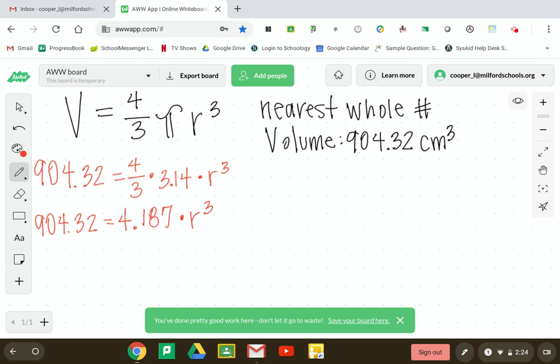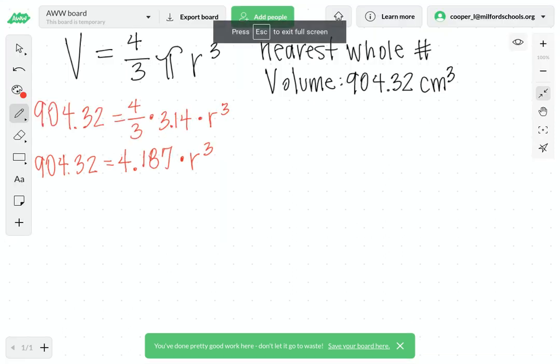So we need to get this r cubed by itself so we can solve for it. So since it's multiplying by r cubed right now, we're going to divide by this 4.187. And again, you're going to use this 4.187 for the one that you do as well.